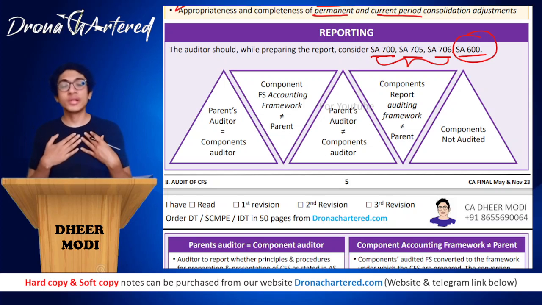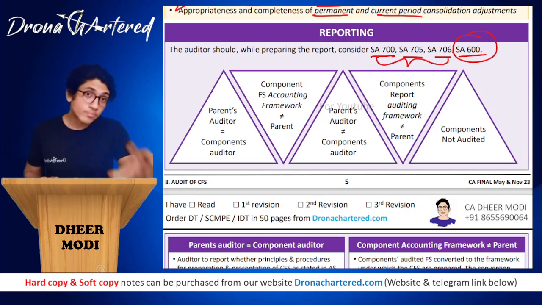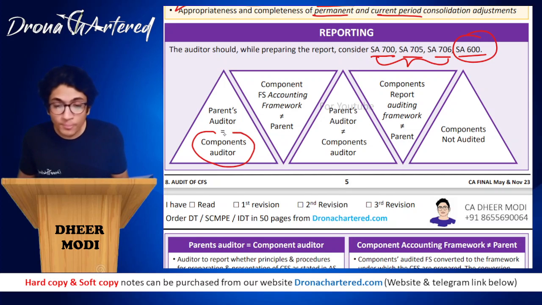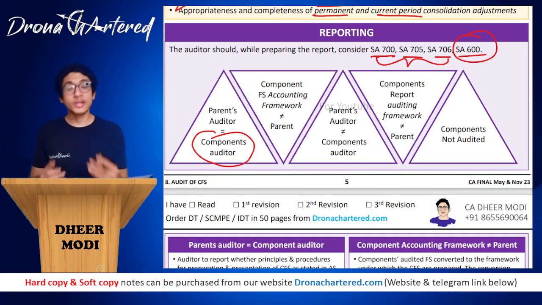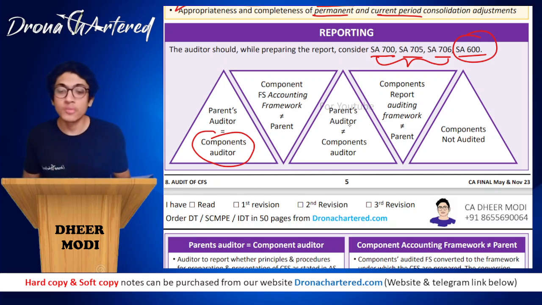If I am consolidating these financial statements, I am the parent auditor, and the branches or different statements that I am going to consolidate, their component auditor is also me. So parent's auditor is equal to component's auditor. That means I audit the parent as well, I audit the component as well. So we are the same auditor.